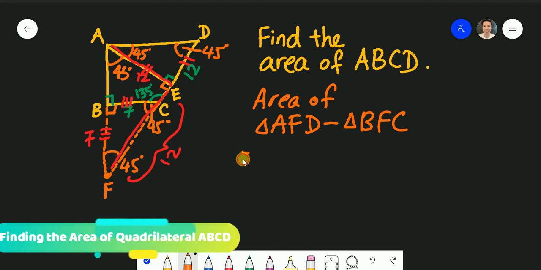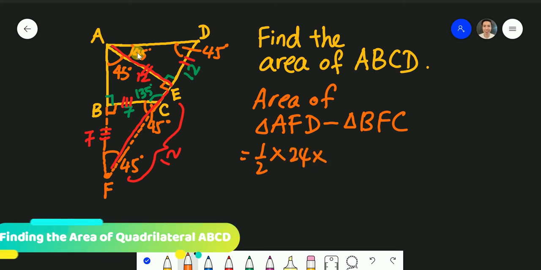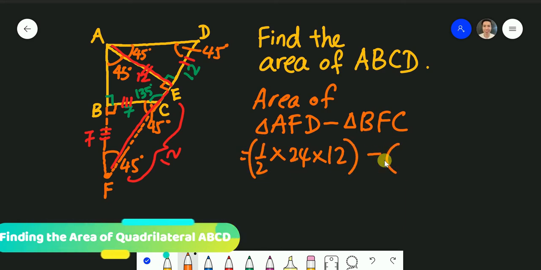So now we can apply the formula, which is half times base. The base is FD, so the base is 12 plus 12, which is 24. Then the height AE is 12. Then minus out the triangle BFC, so same, half times base. Let's say the base is 7, and then the height is 7 also. Height and base are the same here.